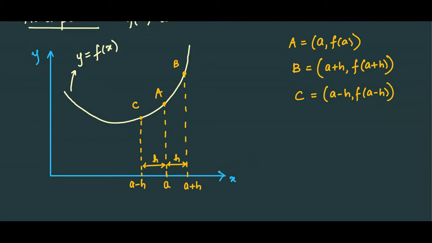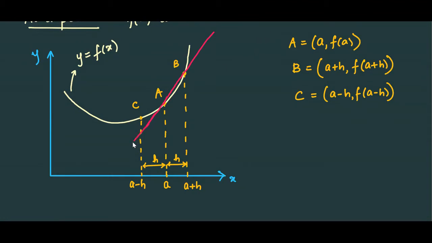Now, what I do, I'll draw a line such that it passes through AB, and I'm extending this chord. This is chord AB, and I'm extending the chord.